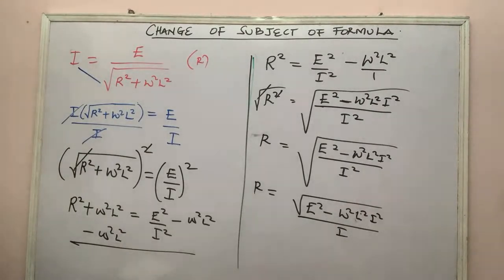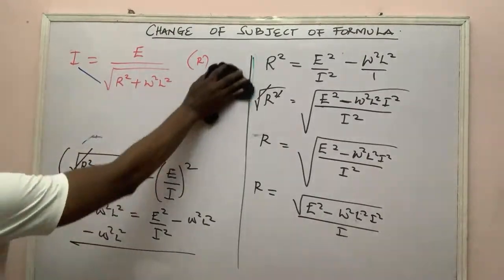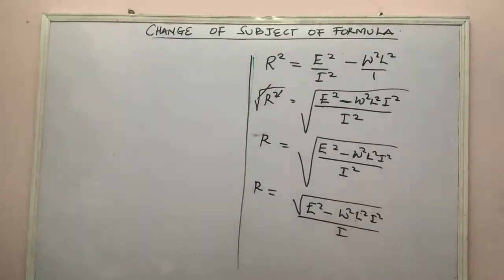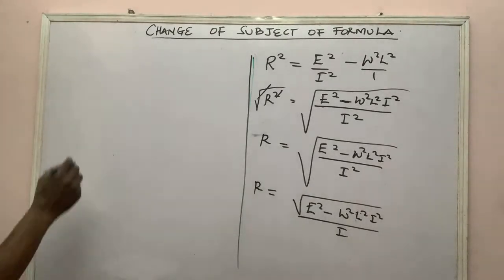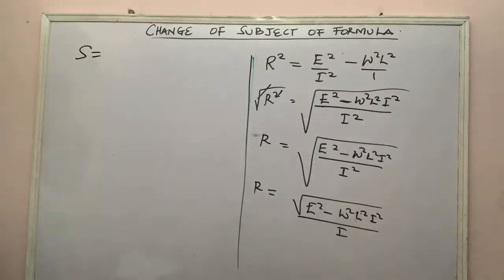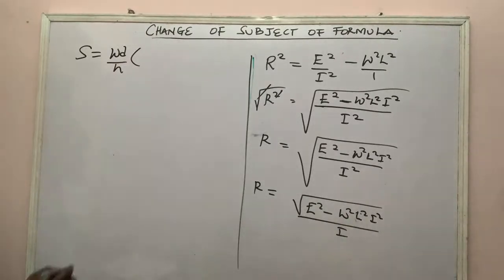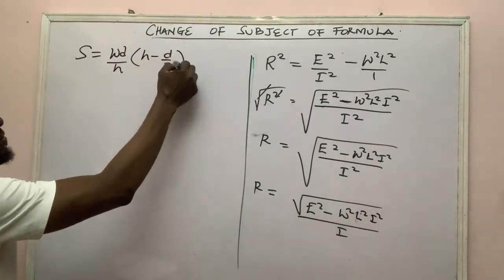So let's go ahead and solve more problems. Okay, let's presume we have S equals WD over H into brackets H minus D half.